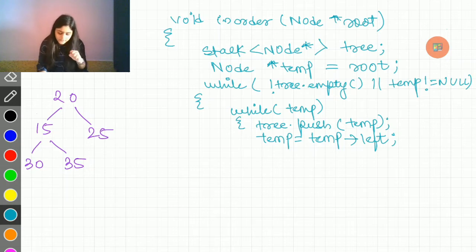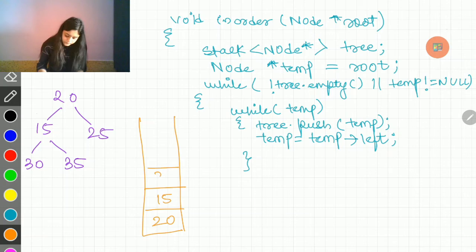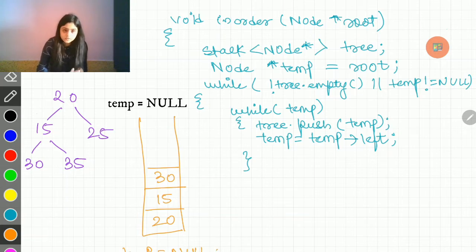So at this point of time, when we are done with this code, our stack will look something like this. Let us suppose this is a stack. We will put 20 in it, then 15, then 30. Next our temp value will become null, and this loop will terminate, right?